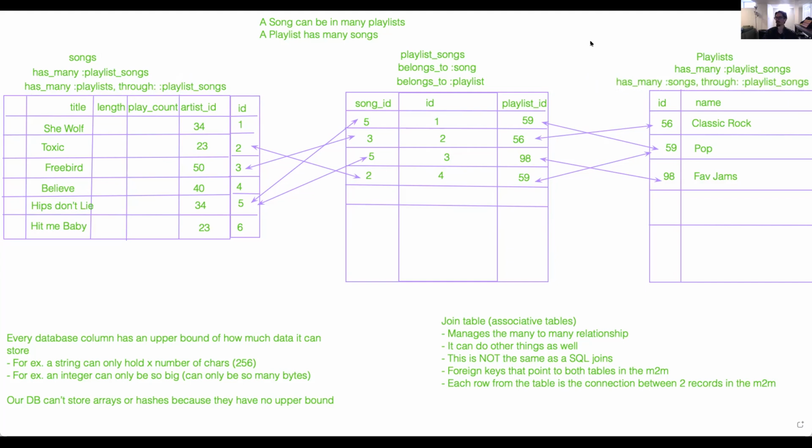So now that we have 3 tables in our many-to-many, we have a relationship between each one of those tables. So we actually have 6 different relationships: from songs to playlist songs, from songs to playlists, from playlist songs to songs, from playlist songs to playlists, from playlists to playlist songs, and from playlists to songs. 6 different relationships.